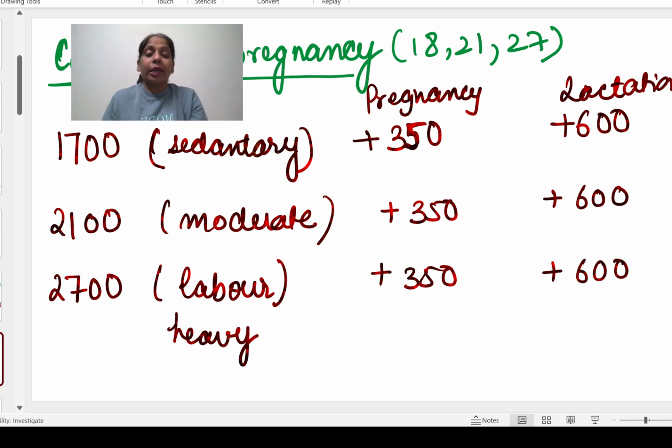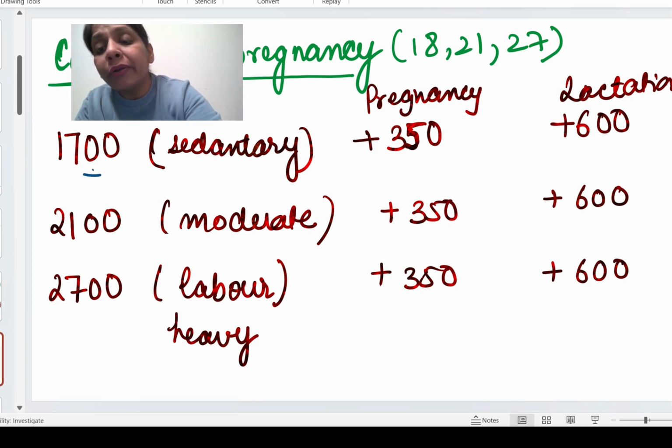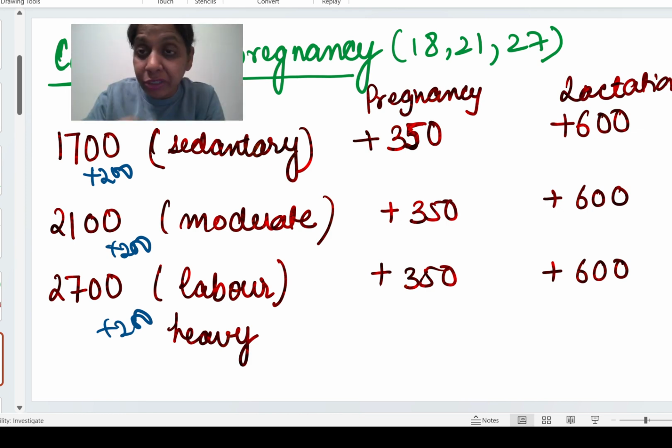Okay, now next is what Williams says. Williams adds 200 in every category. So for sedentary, Williams says 1900. For the moderate worker, Williams says around 2300.